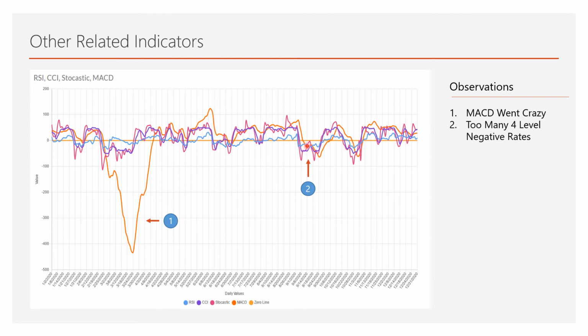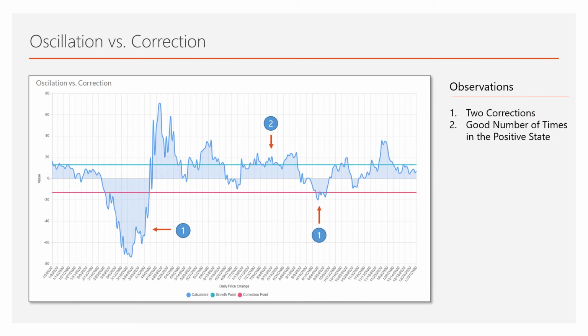There were at least 2, 3, 4 times when all the indicators dropped below the equator here, and that's usually not very good. We'd love to see them stay above that and give us that steady growth area. But again, it's hard to complain about the year, and maybe that points out something: the more volatile something is, the more opportunities to lose money, but also to make money.